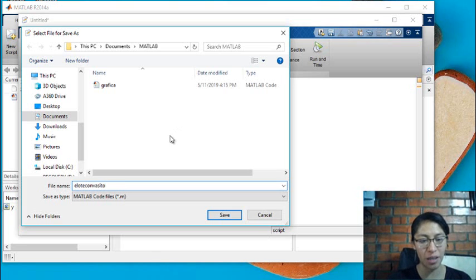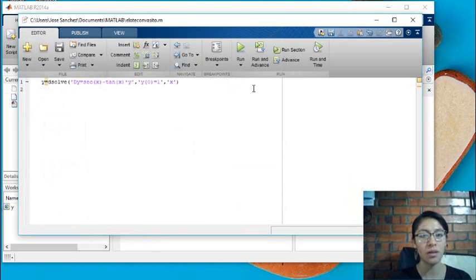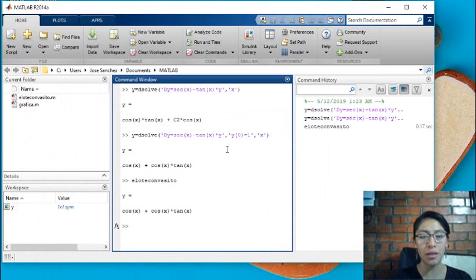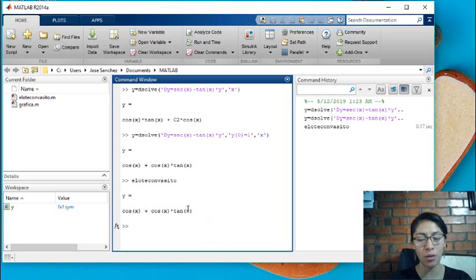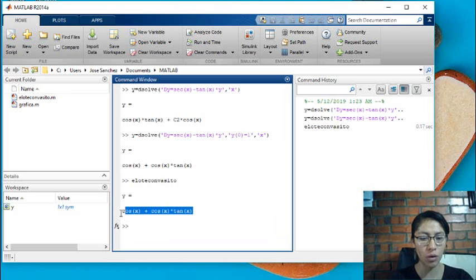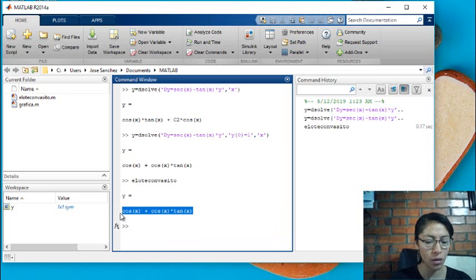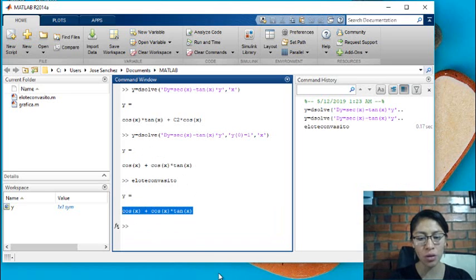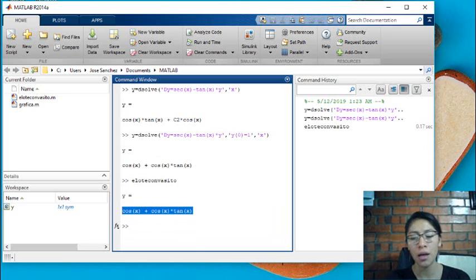The solution will appear again, and below it we pass the equation that we will use in the graph.